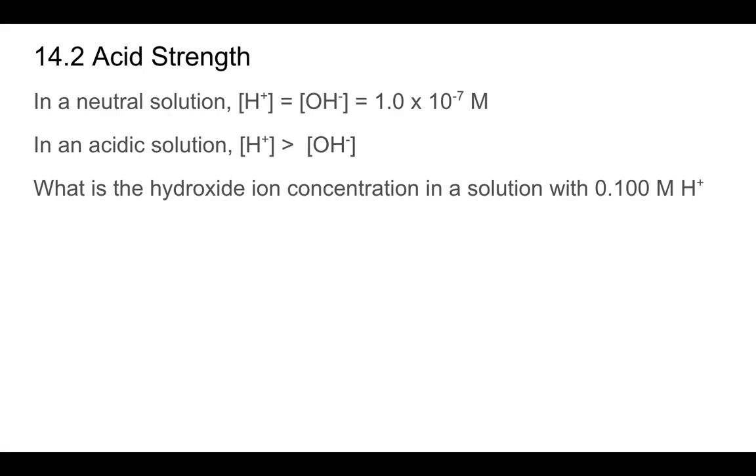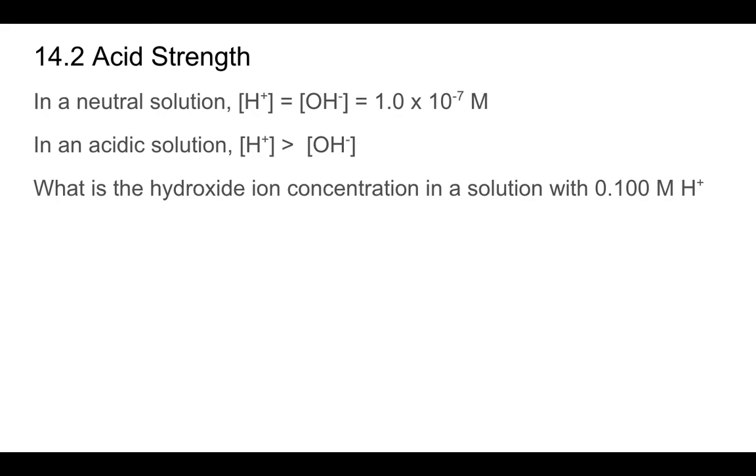In a neutral solution then, H plus equals OH minus, which equals 1 times 10 to the minus 7 molar. But in an acid, the H plus is going to be much greater than the OH minus, because the two numbers multiply to give 1 times 10 to the minus 14. If the H plus is bigger than 1 times 10 to the minus 7, then the hydroxide has to be smaller than 1 times 10 to the minus 7.